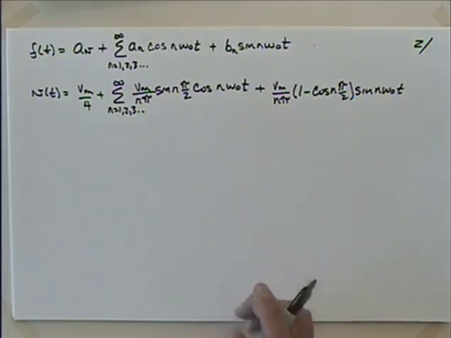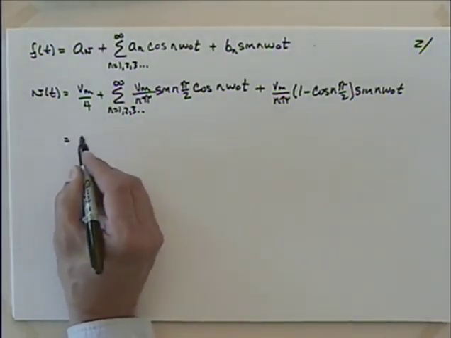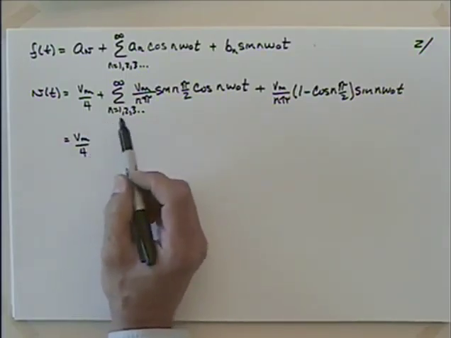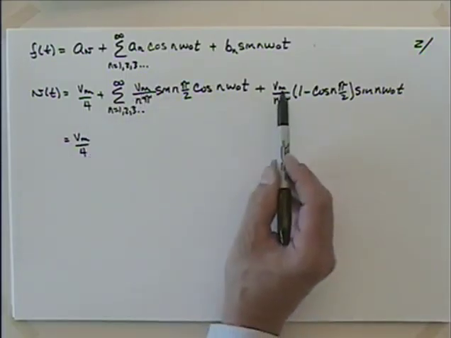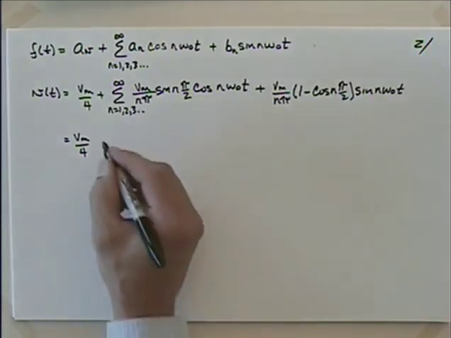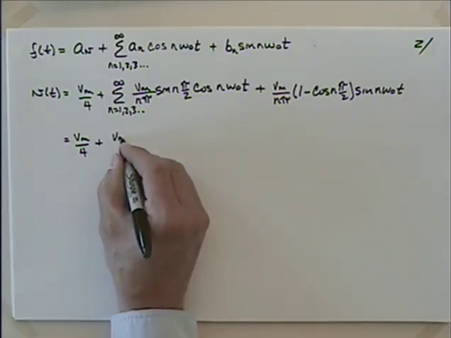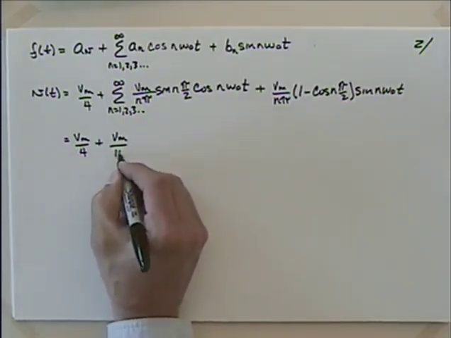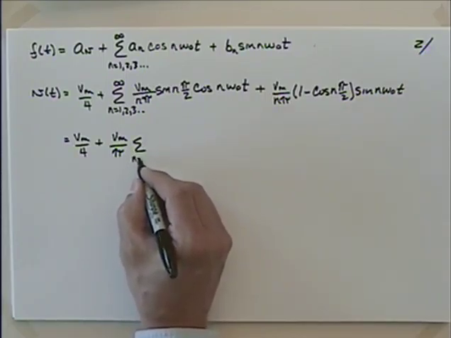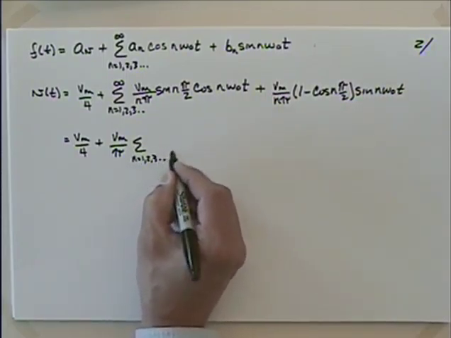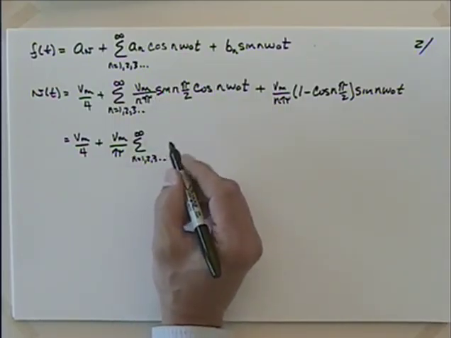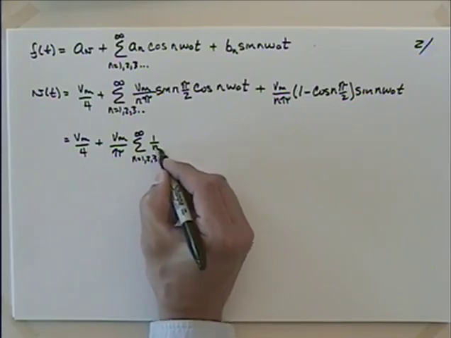I don't know that there's a lot of simplification to be done. We've got Vm over 4. What could we factor out of here? Looks like we've got a Vm term there, a Vm term there. We've got to leave the n's in there, but we could take out a pi. So we could add to this Vm divided by pi times the sum n equals 1, 2, 3, and so on up to infinity of 1 over n.